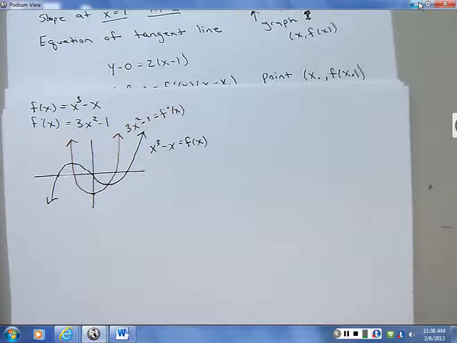So the value of the derivative is 0 there. As soon as I get past this point, my slope becomes negative, which means my derivative is below the x-axis. You guys see that? Negative, negative, negative, and it's getting larger negative, and then at some point it starts going back to 0, so it's getting smaller. At this point, it's back to 0. And then here, my slope is all positive.